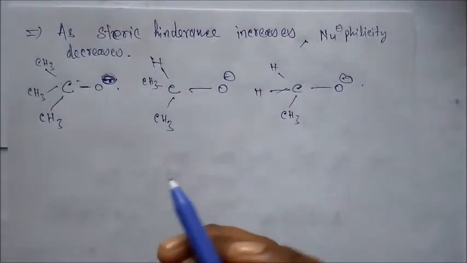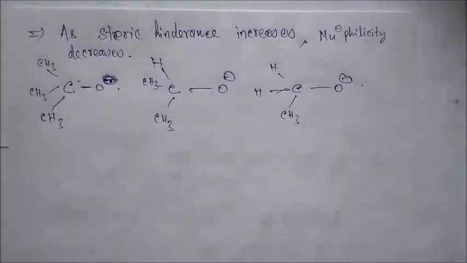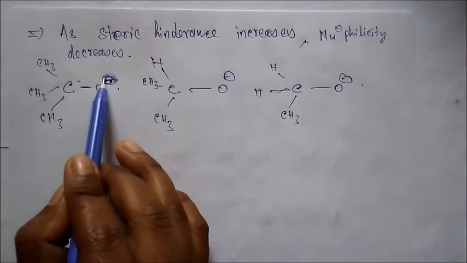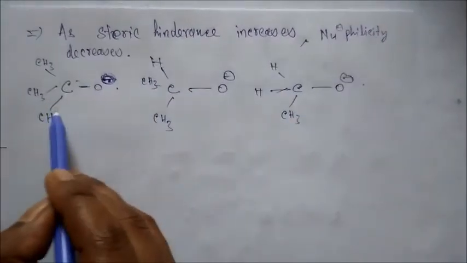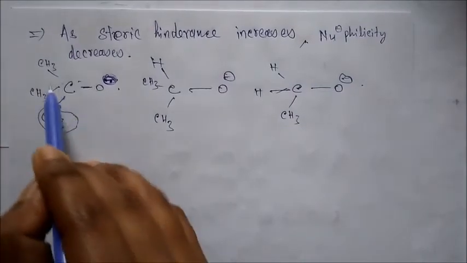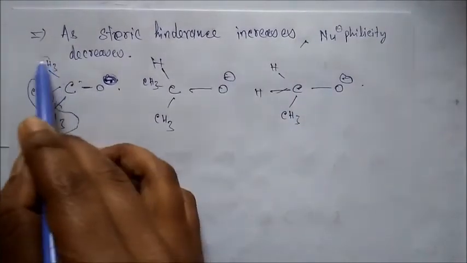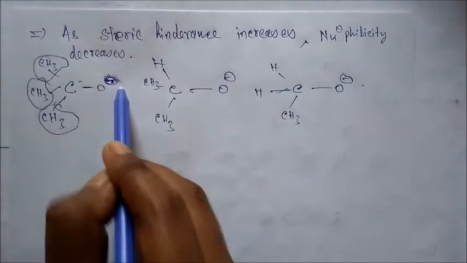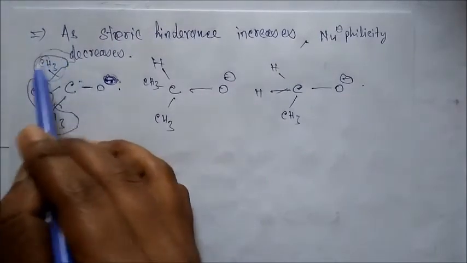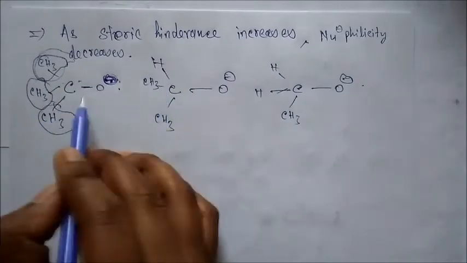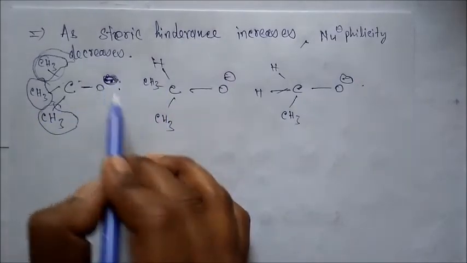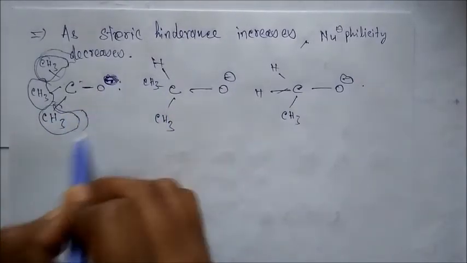But in case of nucleophilicity, this has electron density, but it cannot give its electron because of this bulky group. Whenever an incoming group is coming to take this electron, the bulky groups will hinder it. So they will prevent the incoming group from taking this electron.